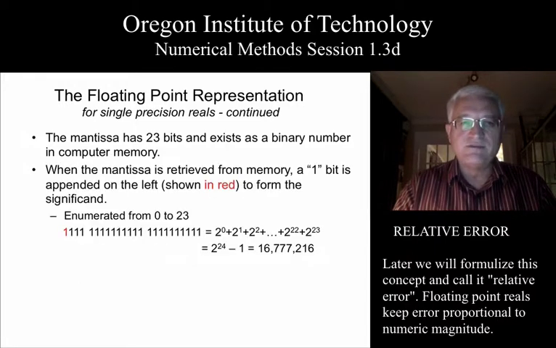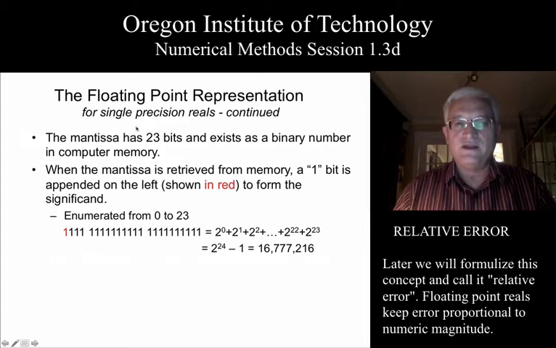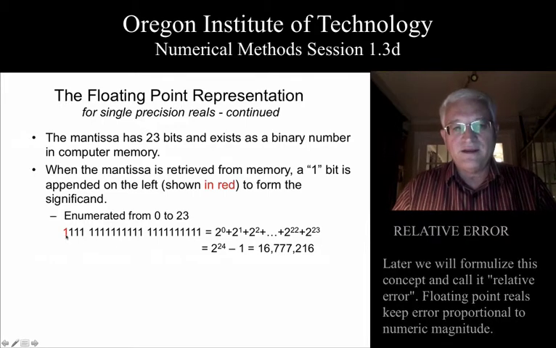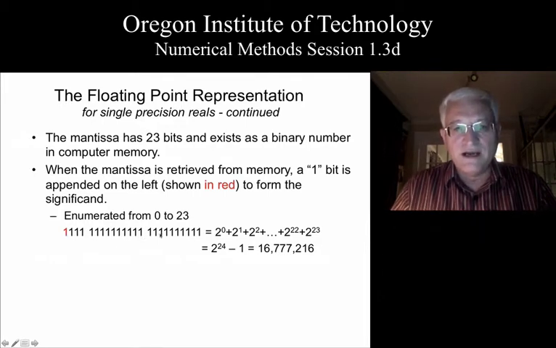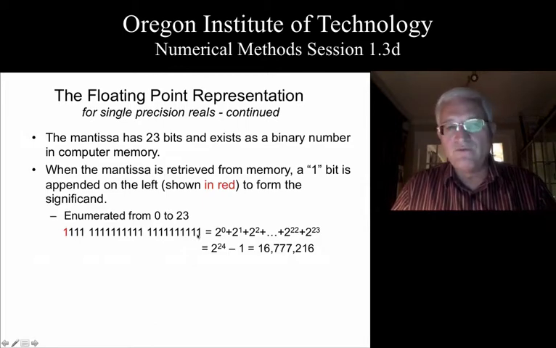It exists as a binary number in the computer, and if you fully loaded it up from left to right with ones, all 24 of those bits, even after you stick that fixed one bit on there that builds the significand, then that number, if you converted it to decimal, would be a little over 16 million.